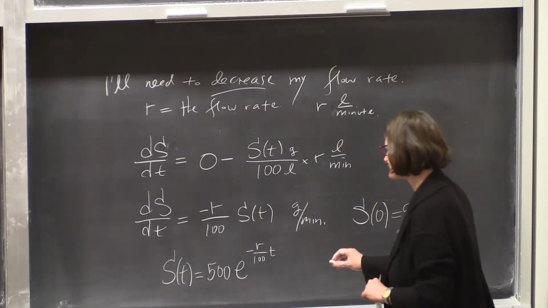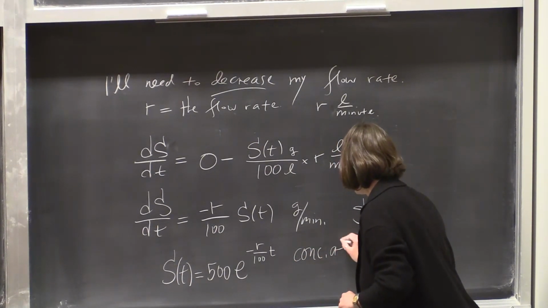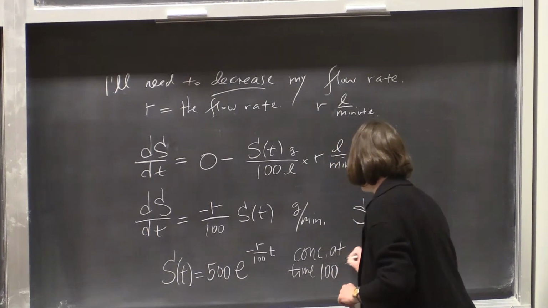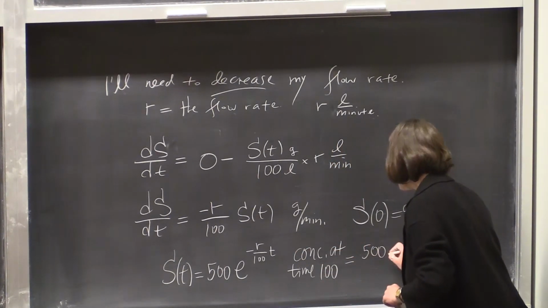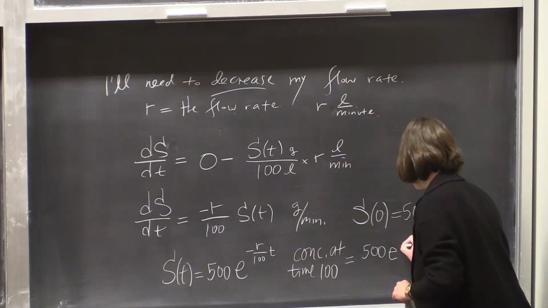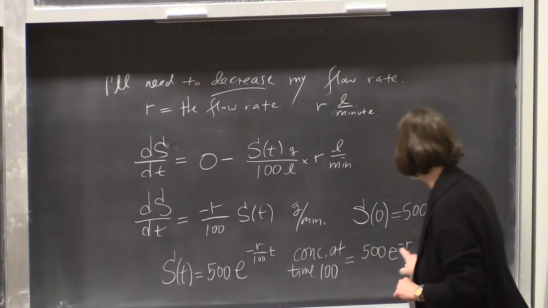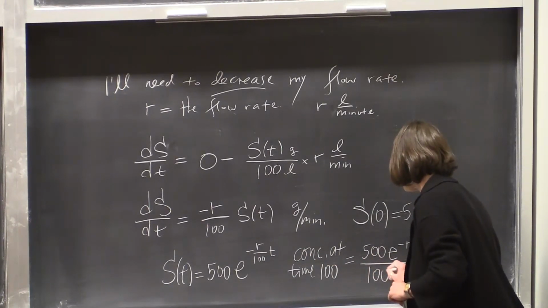And so the concentration at time 100, I take that and I plug in time is equal to 100. Those cancel. I get e to the minus R. I have to divide by the volume of the tank.